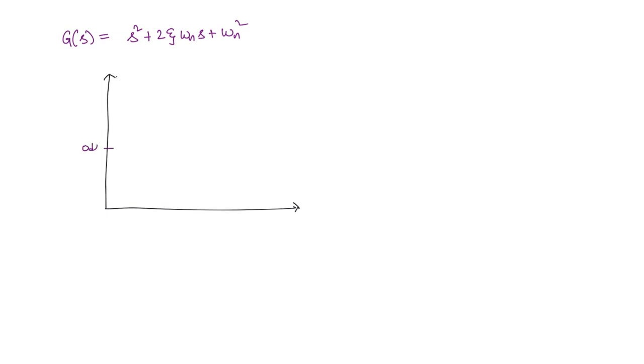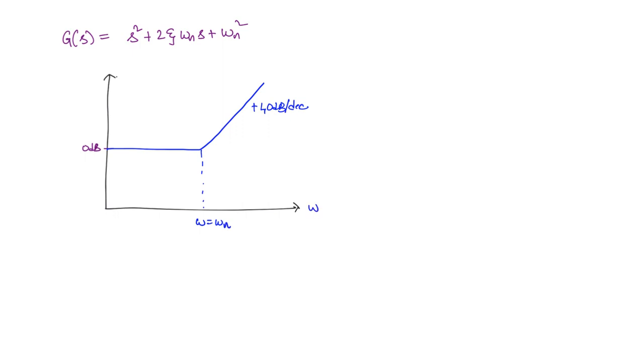If this is 0 dB, then the plot is going to be like this first, and then it will be a line of slope plus 40 dB per decade here. It is increasing. For a quadratic pole, it was decreasing at minus 40 dB per decade, right? So what is this frequency here? Omega n.